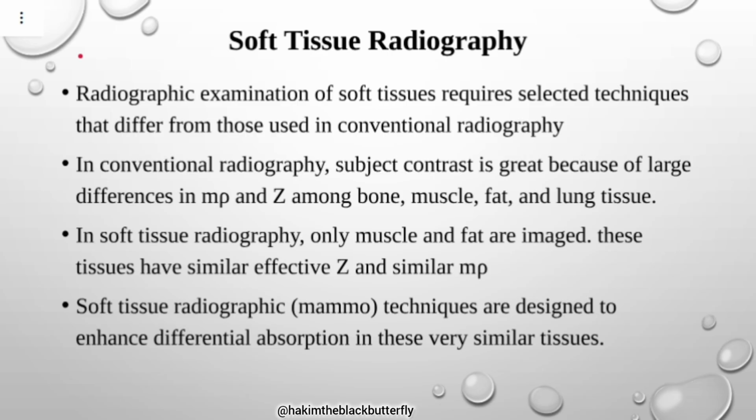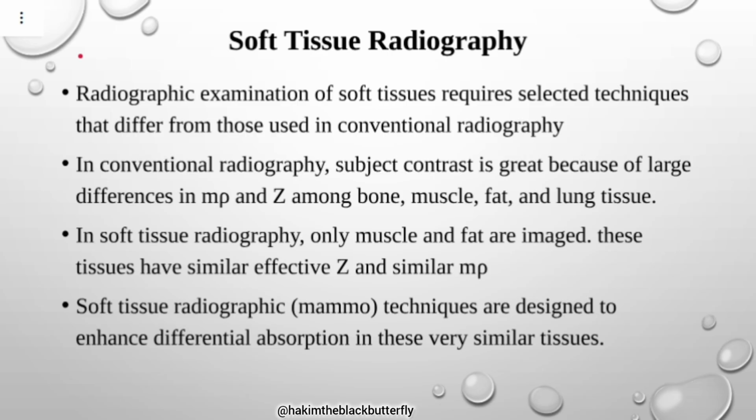So conventional radiography can be used to image other body parts, because they have large subject contrast differences. For example, a bone is so dense compared to soft tissue, so with conventional radiography, you can clearly see the difference between a bone and soft tissue.